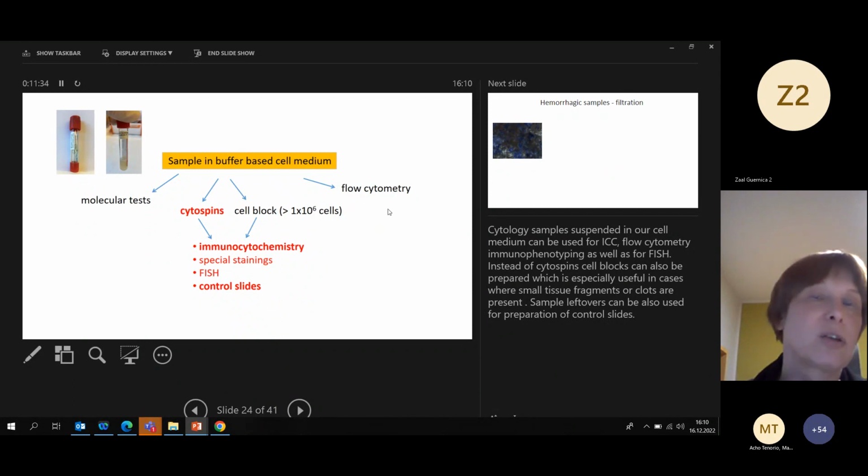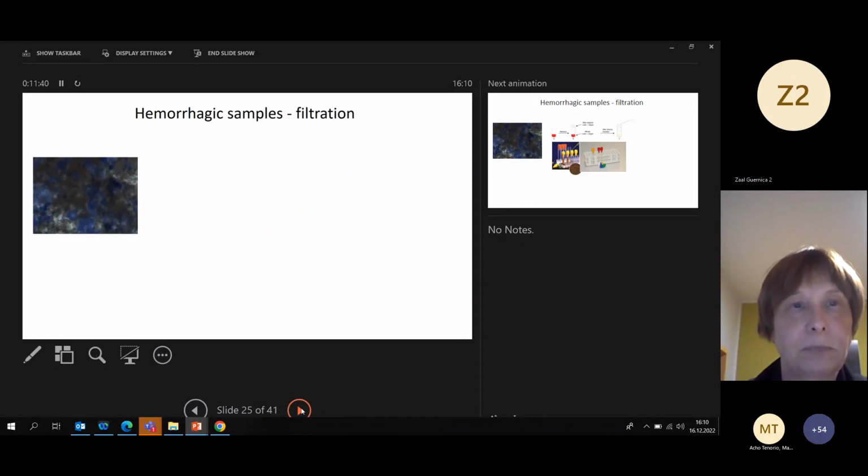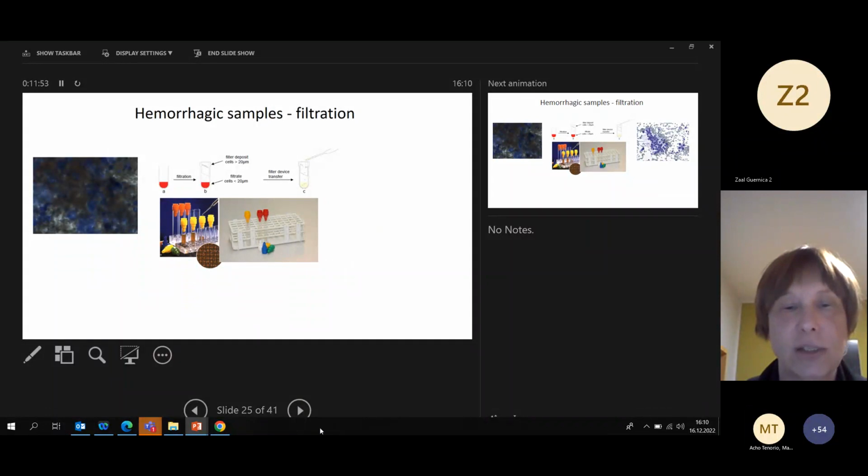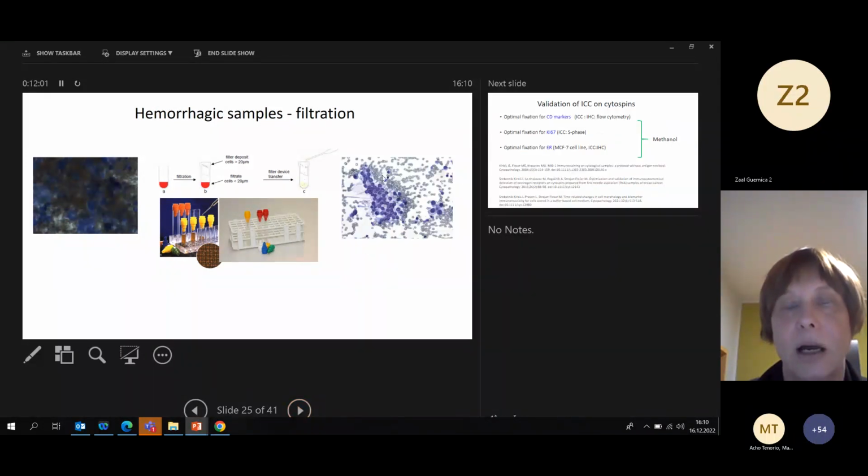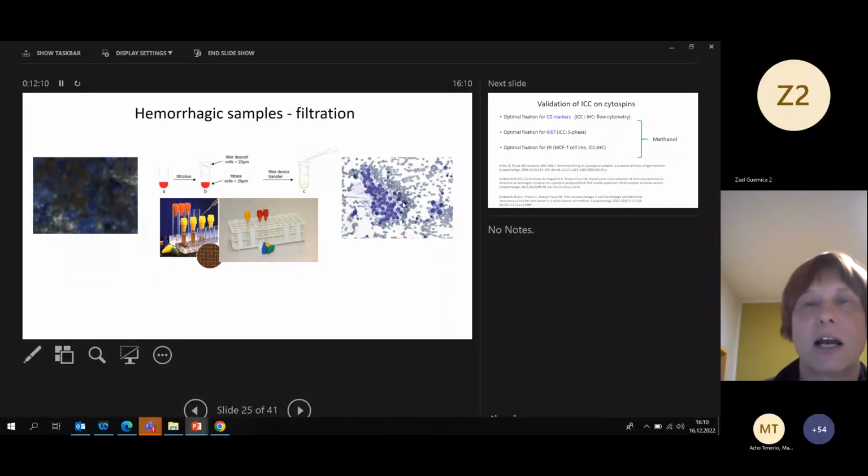We can use this cell suspension for flow cytometry or even for molecular tests. One of the main reasons for using this approach is also that we can easily remove erythrocytes from heavily hemorrhagic samples using simple filtration. So we physically separate erythrocytes from epithelial cells, so we can achieve deposition of cells on the slide without erythrocytes.